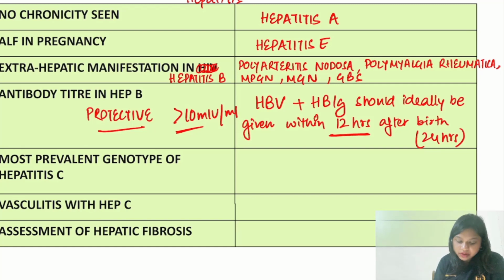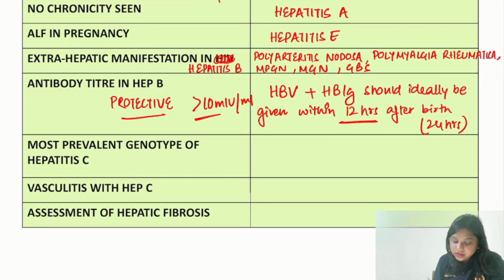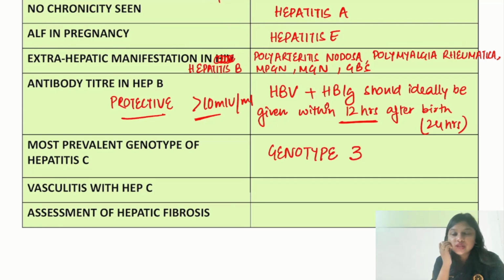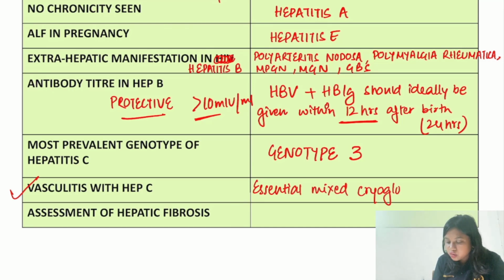The most prevalent genotype of hepatitis C is genotype 3. And the vasculitis associated with hepatitis C is a very repeated question. It is essential mixed cryoglobulinemia.